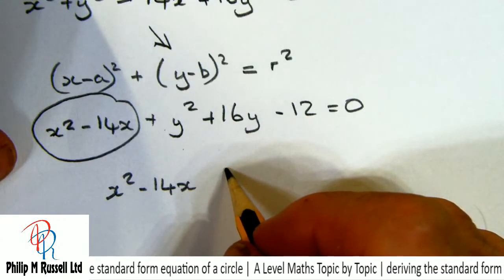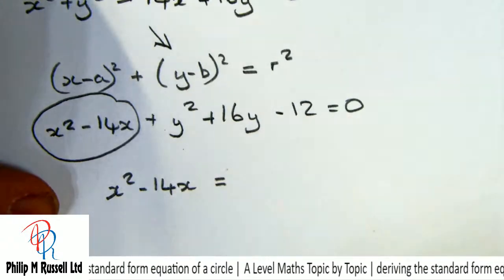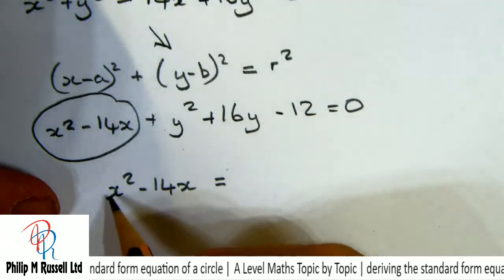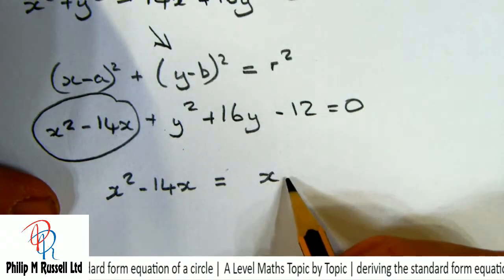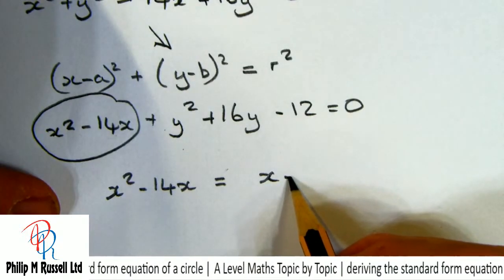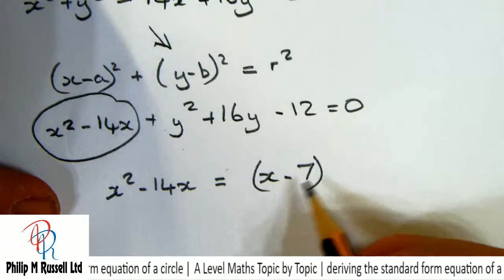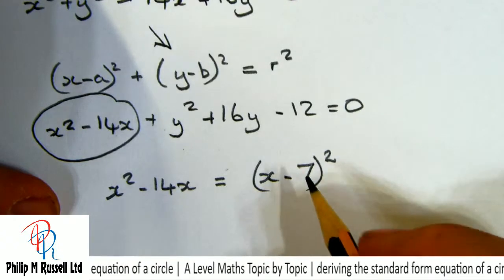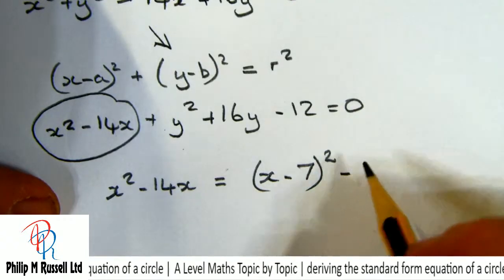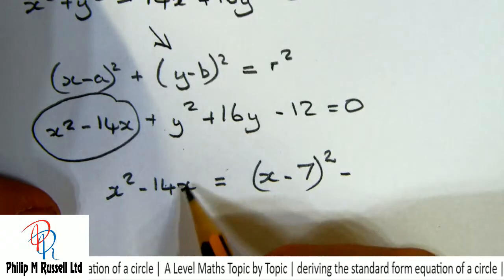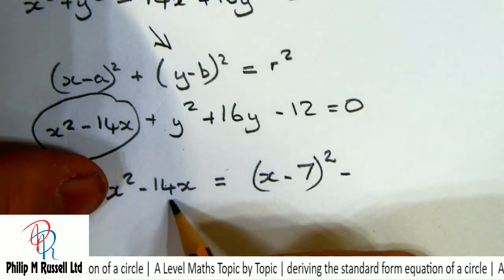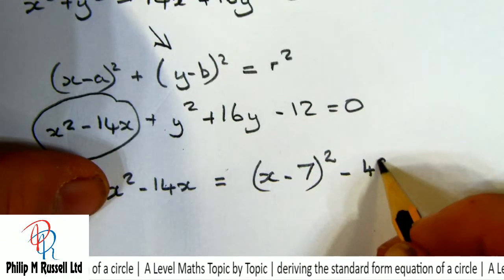That would be x minus 14 over 2, which is 7, all squared, minus 7 squared, which is 49.